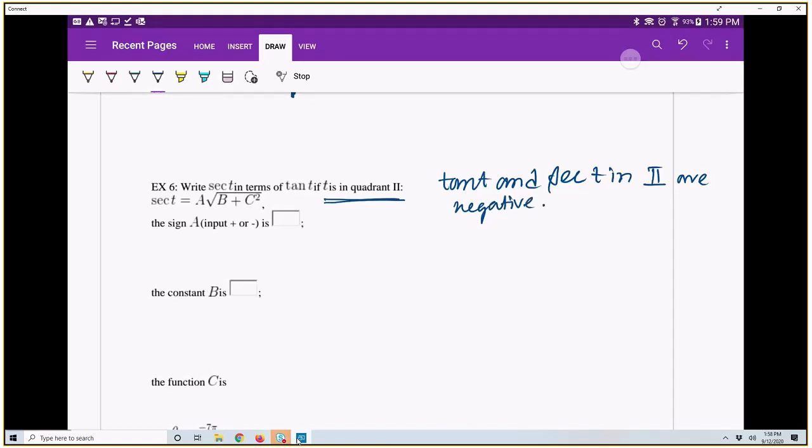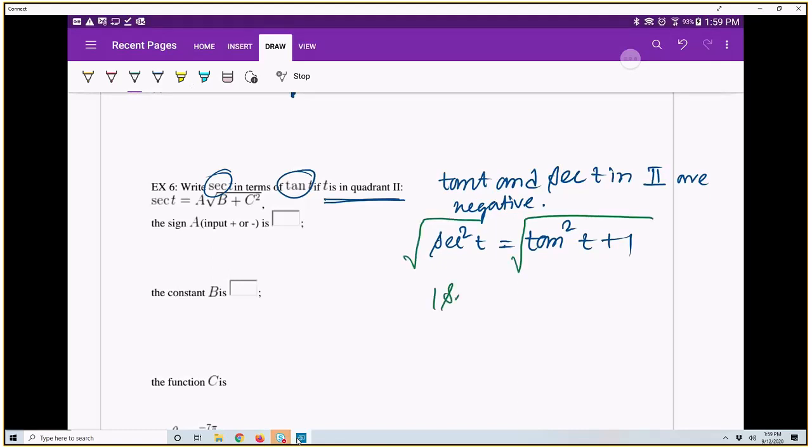So the Pythagorean identity that involves tangent and secant is secant squared t equals tangent squared t plus 1. I wanted the expression for secant, so I will go ahead and take the square roots on both sides, and I get the absolute value of secant t equal to the square root of tangent squared t plus 1.